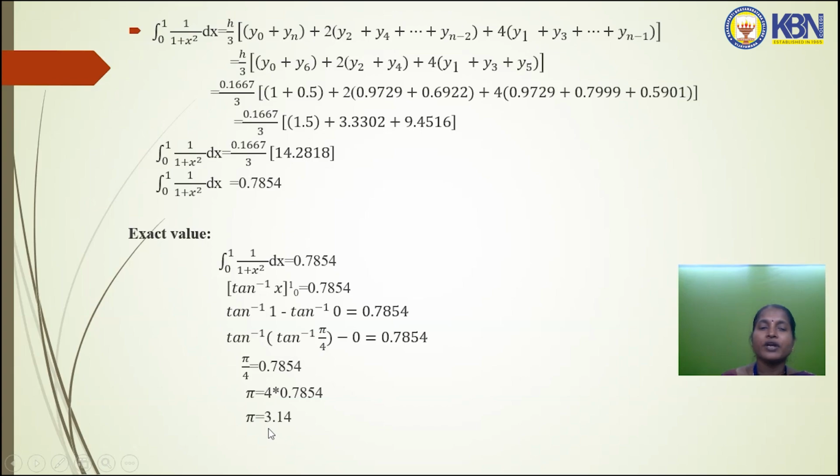So we can use Simpson's 1/3 rule to find this solution. The integral 0 to 1 of 1 by 1 plus x square dx value is 0.7854, and also we can evaluate the value of pi from this integration. We can find the pi value 3.14. Okay, thank you.